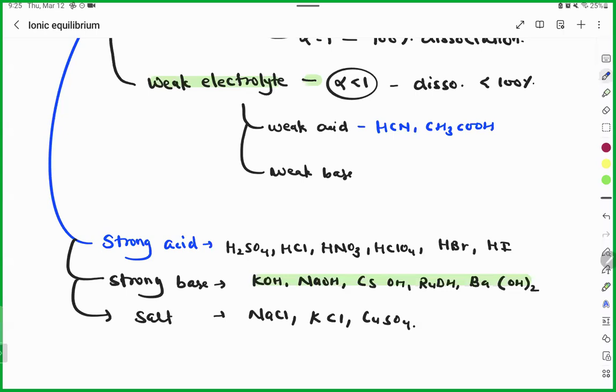CH3COOH is one that you will use again and again. HCOOH, carbonic acid, weak acid, right? H3PO3, hypophosphorous acid H3PO2, or H3BO3. All these are weak acids.